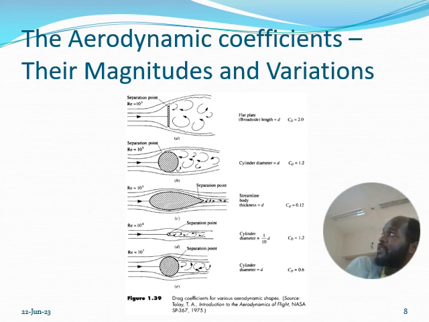But for a turbulent boundary layer, they still have more energy to go against that pressure increase in the flow direction. And so they stay more attached to the surface before they eventually separate. And that gives rise to a thinner wake and less drag as compared to the fatter wake and higher drag in the laminar boundary layer. And that's to give us an idea of why one would want to have a turbulent boundary layer as opposed to a laminar boundary layer.